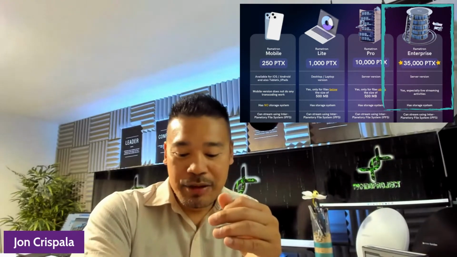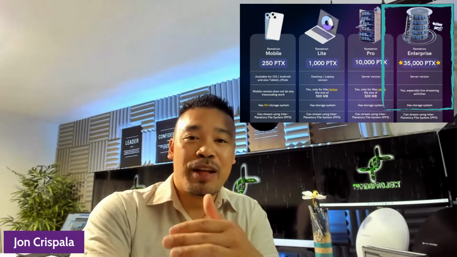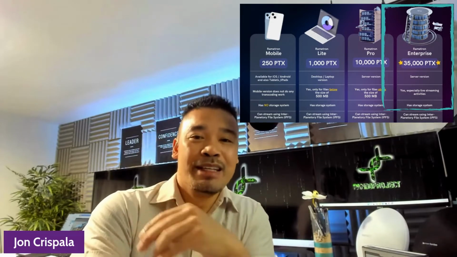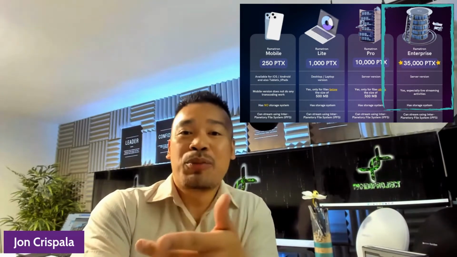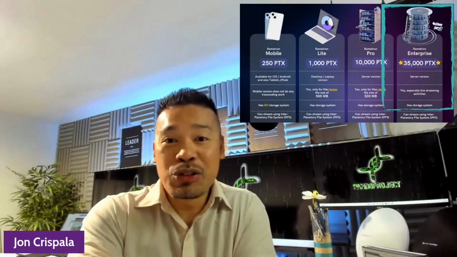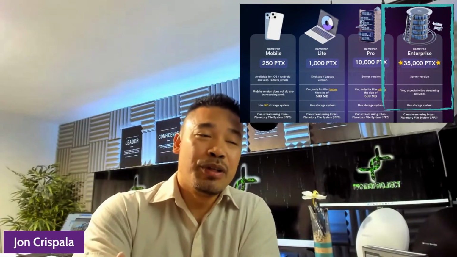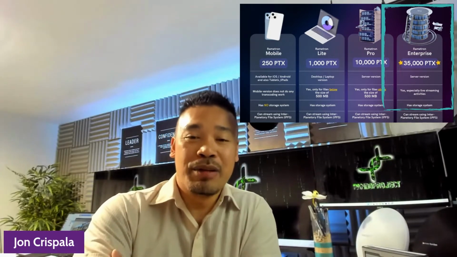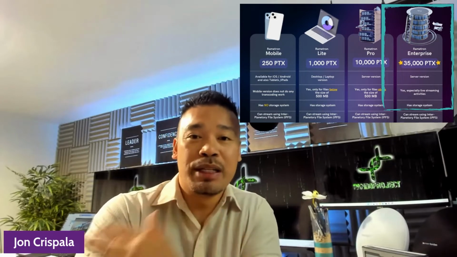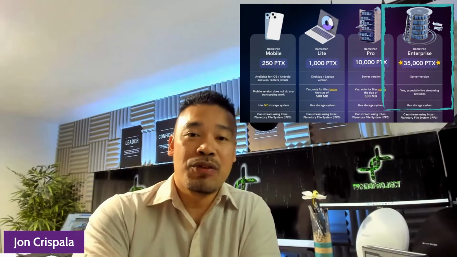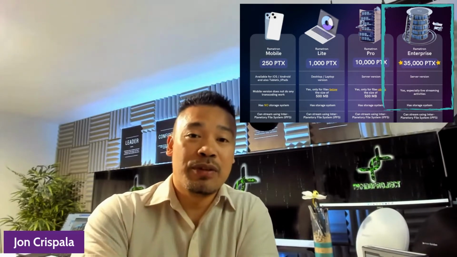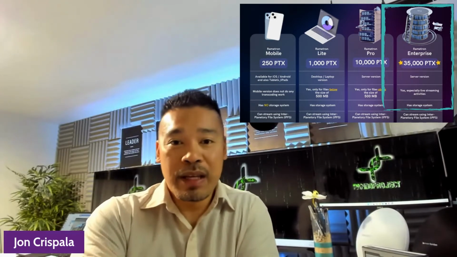And then the Ramatron Pro would be more like an apartment building. And then the Ramatron Enterprise, I consider that a commercial building. Having a commercial building with multiple tenants paying you rent gives you the highest form and highest potential of earning passive income.